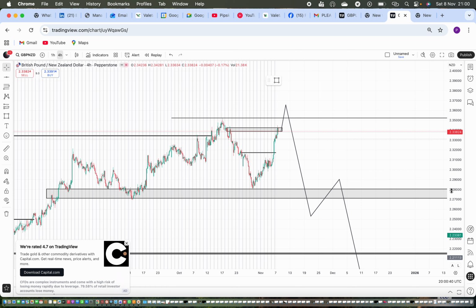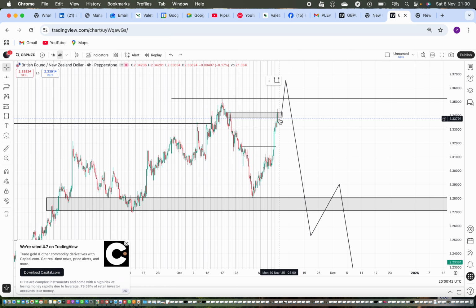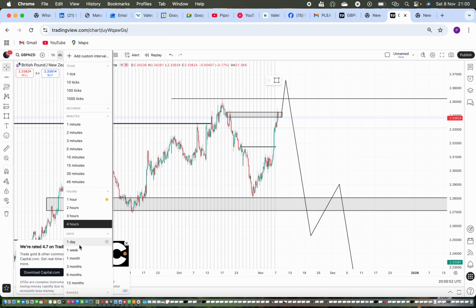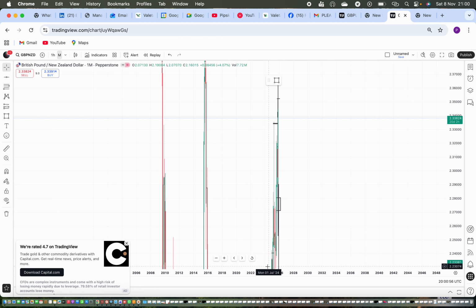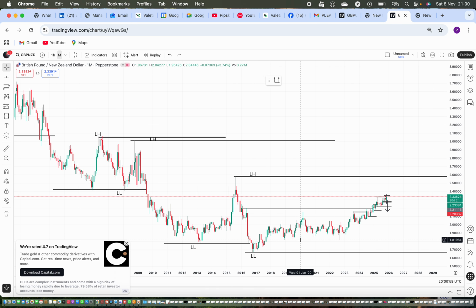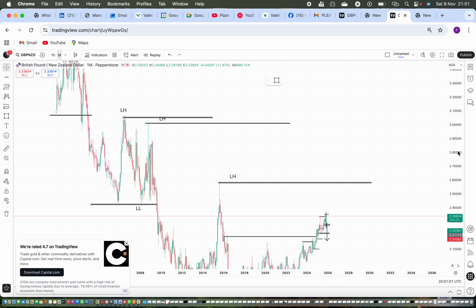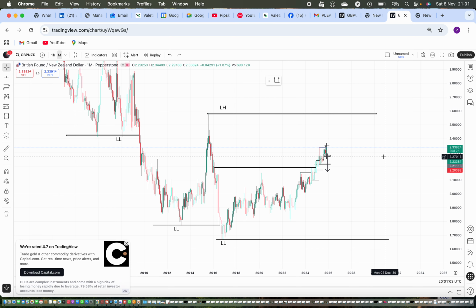I'll just be patient and hope to see if price can trade and break above this, and start to see some form of shift of market structure to look for a sell opportunity on this pair. Because going back to the monthly time frame, price is almost at a discount level.